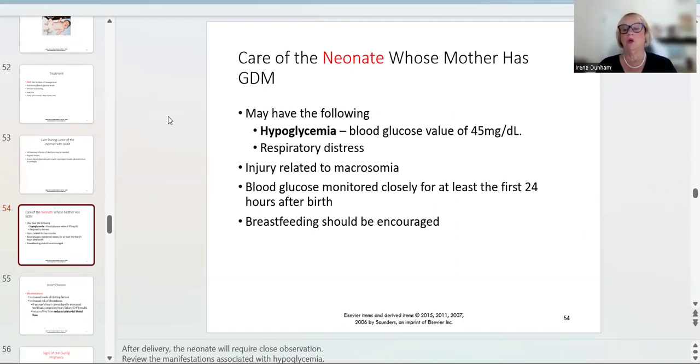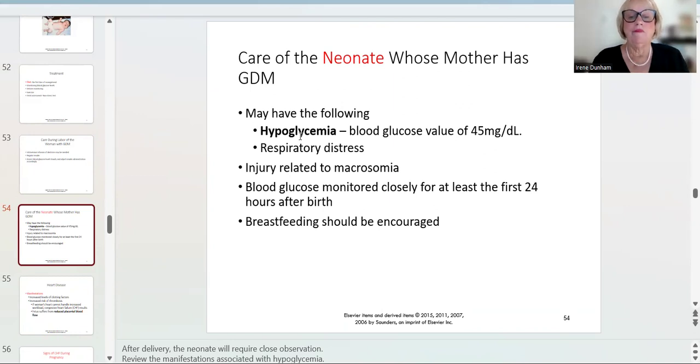But if you've got a low blood sugar, your baby's in trouble. It's hypoglycemic. Now, these macrosomic babies are prone to that. That's why I put it in bold letters here for you, because you'll see it again. These babies are more prone to hypoglycemia at birth.